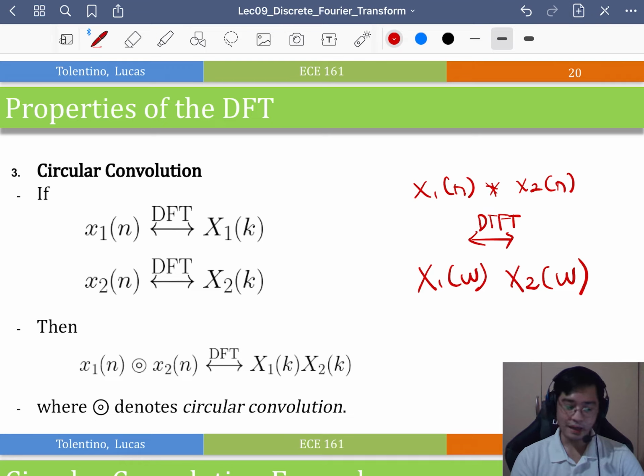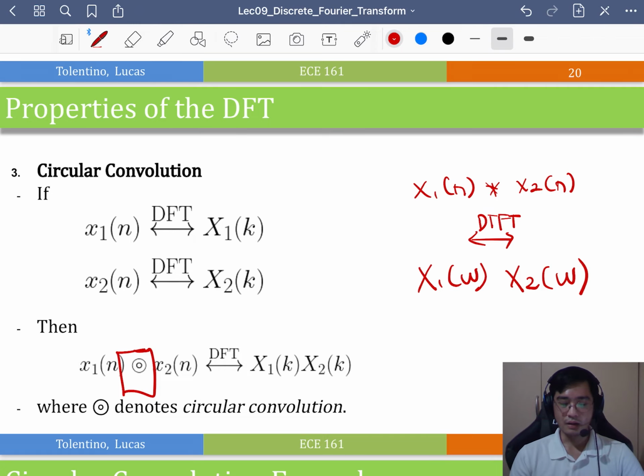We should apply a new operation called the circular convolution operation. So capital X1 and capital X2, we multiply them, where capital X1 and capital X2 are the DFTs of x1 and x2 respectively. If we take the product of the two, then take the inverse of that, we are actually getting the circular convolution of x1 and x2.